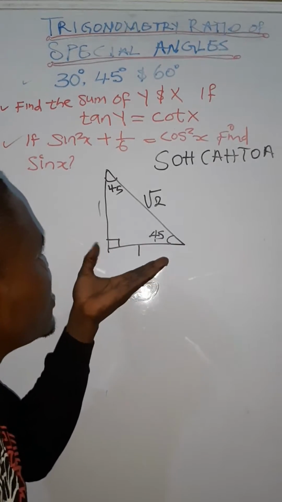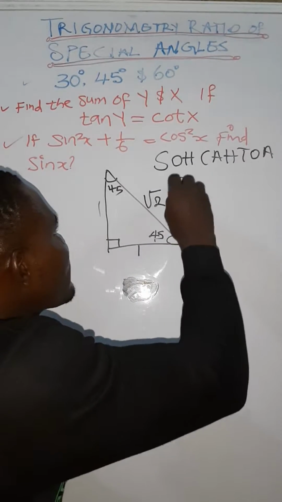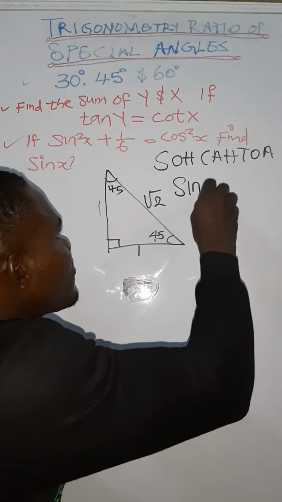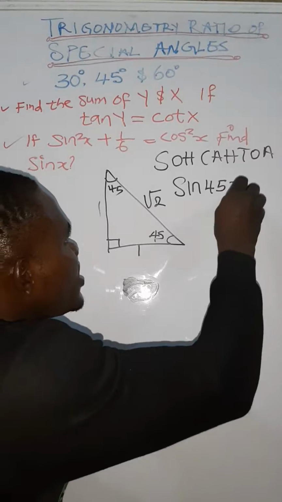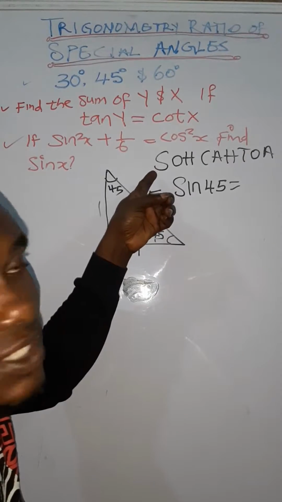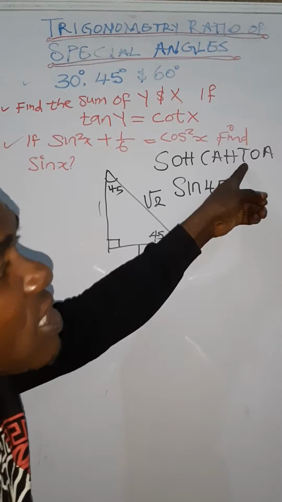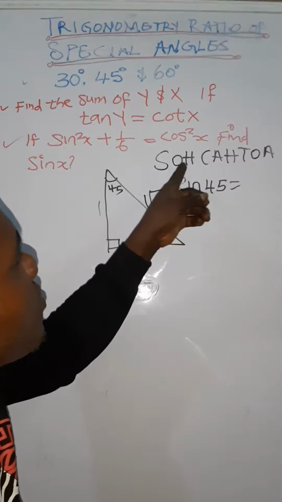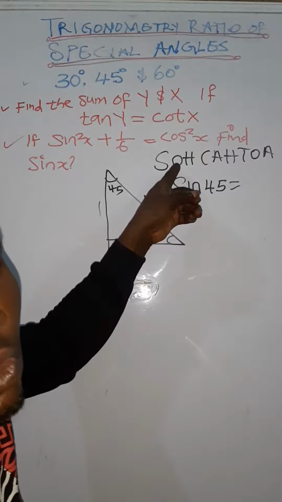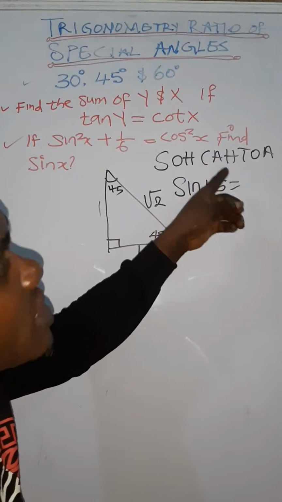Now, if I want to find sine 45, don't forget, from SOH CAH TOA, S is standing for sine, C is standing for cos, and T is standing for tan. Here O is opposite, H is hypotenuse, A is adjacent.